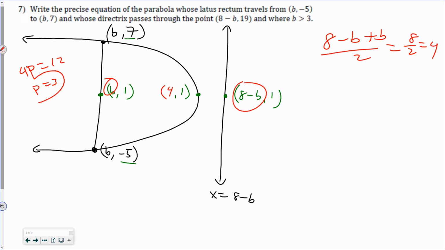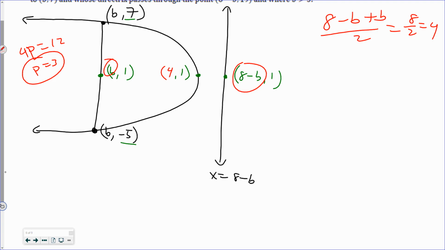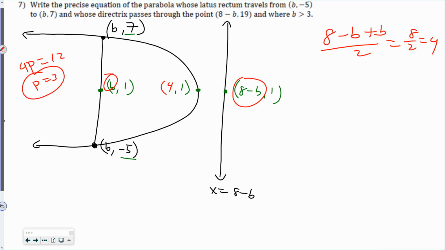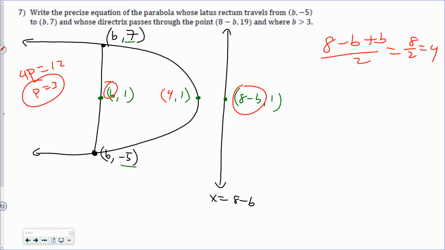So if my p is 3, and I have a vertex of 4, 1, what should my b be? What are my two possibilities for b? 7 and 1, right? Because from your vertex, you either go to the left 3 or to the right 3. So in this case, what's it really going to be? 7, because b needs to be greater than 3. So in this case, b needs to be 7.